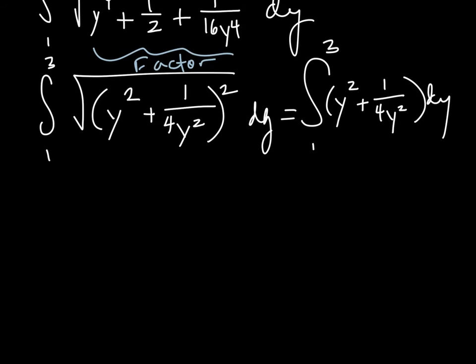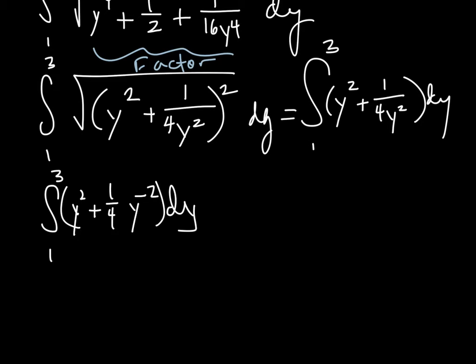Now I'm ready to find my integral, or my antiderivative. So I'm going to go ahead and rewrite that last piece. I have y squared. I'm going to pull the 1/4 out front, and bring the y to the top, so this way I can see what I'm doing when I'm doing my antiderivative. So y squared becomes y to the 3 over 3, my antiderivative. I have my 1/4 that I just pull out front, my y to the negative 2.